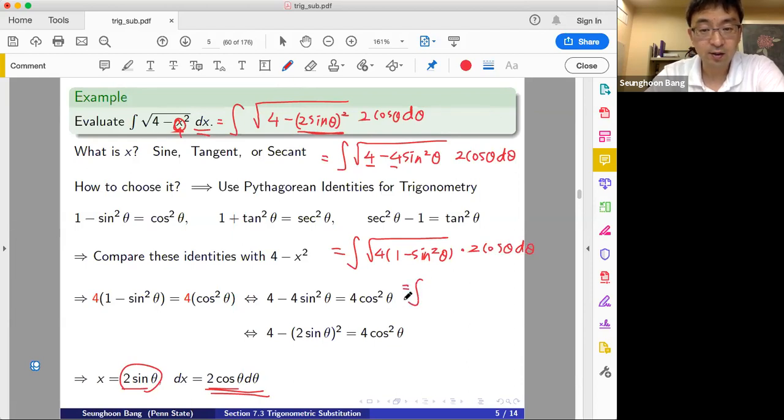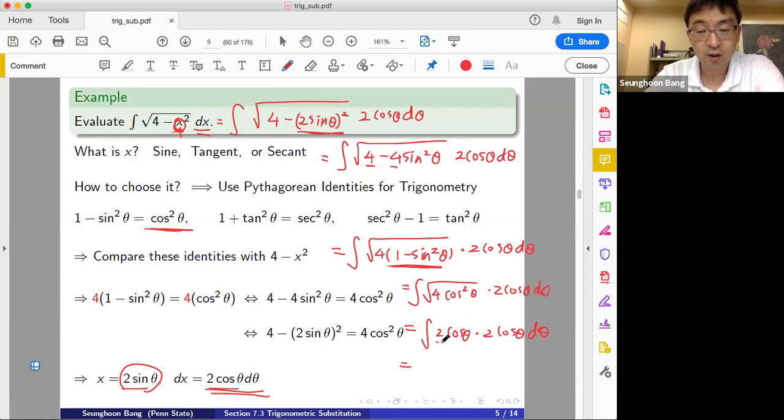Next, you can use the identity: 1 minus sine square is cosine square. Square root of 4 cosine square of theta times 2 cosine theta d theta. Next, you have to simplify. The square root of 4 cosine square of theta is 2 cosine theta, times 2 cosine theta d theta.